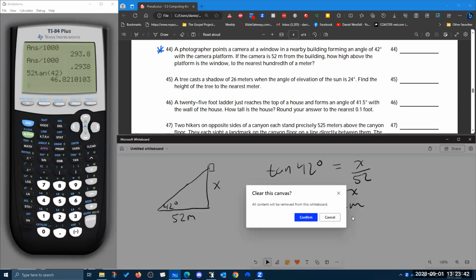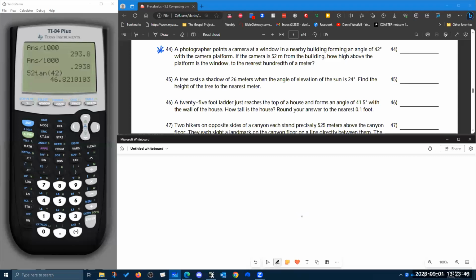In our next problem, a tree casts a shadow of 26 meters. So this shadow is 26 meters with an angle of elevation of the sun at 24 degrees. Find the height of the tree to the nearest meter.